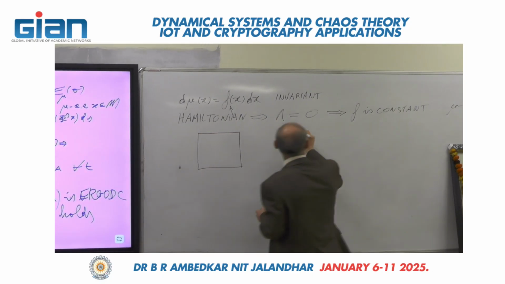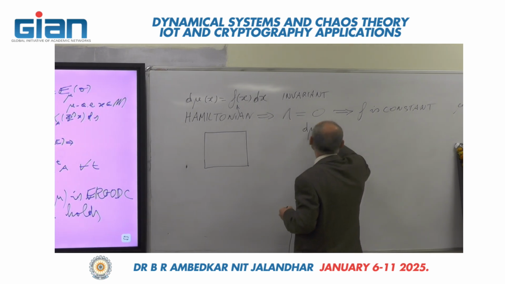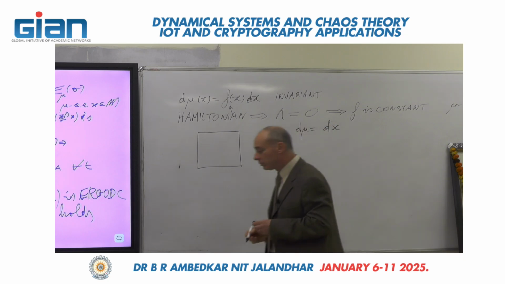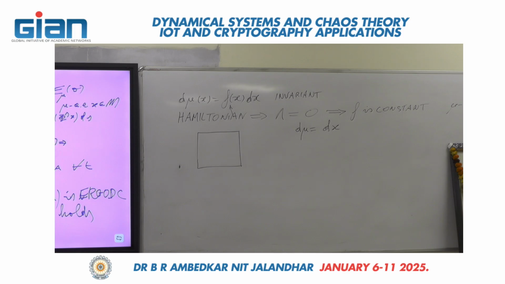Suppose we are in the case in which the invariant probability is precisely the Lebesgue measure, dx. Then this E2, what does it mean? It means that every trajectory will spend some time in any open set of positive measure.